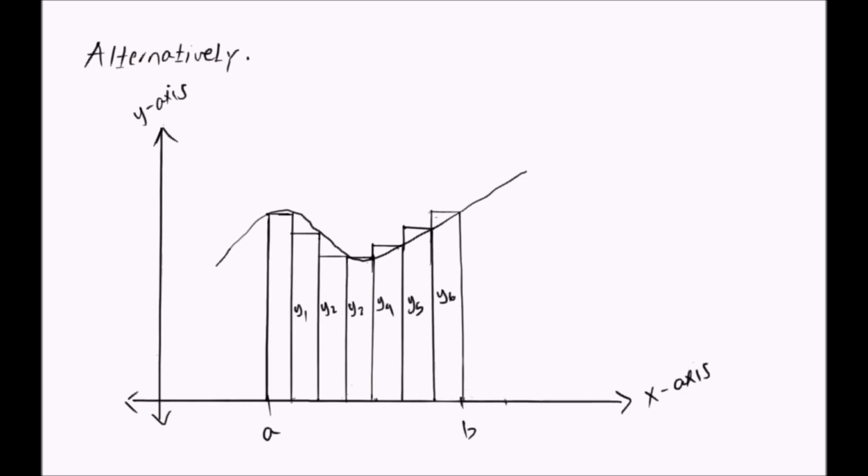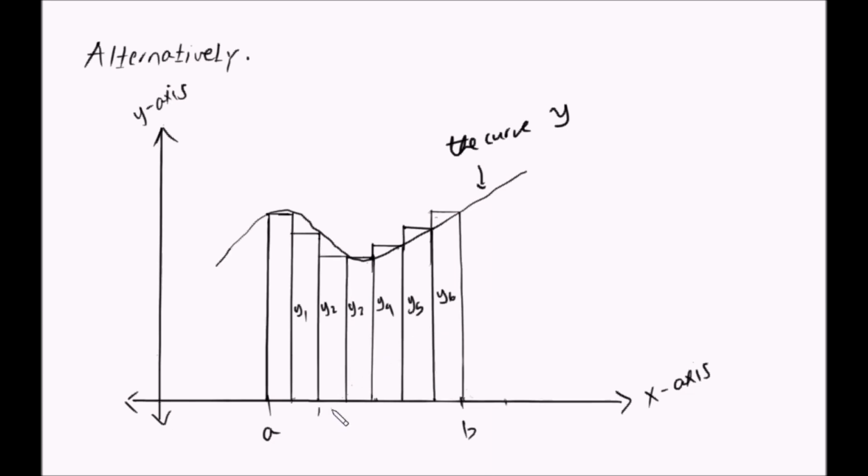Diagram nyingine manake. There. So hii curve unaiona hapa juu ni ile curve y. So this time kupata area, this time nilichokifanya nimeigawa eneo chini ya curve from A to B into rectangles of equal width.